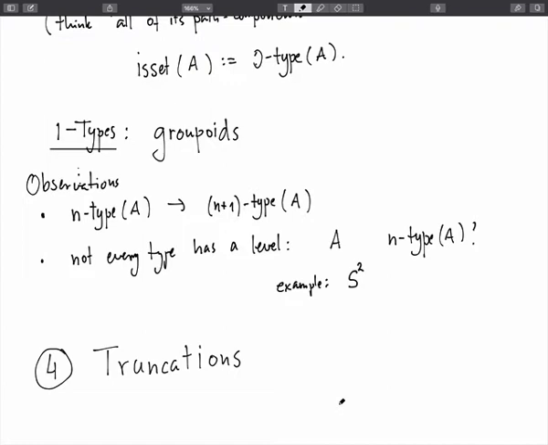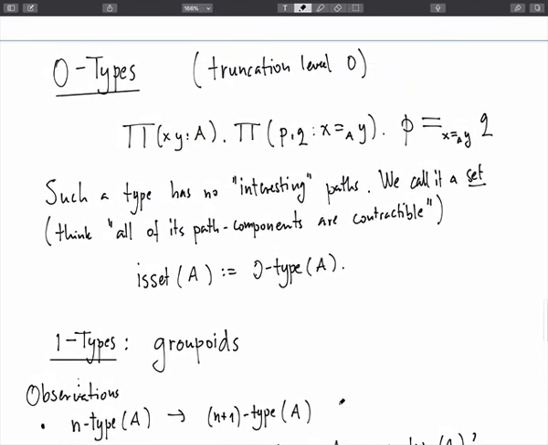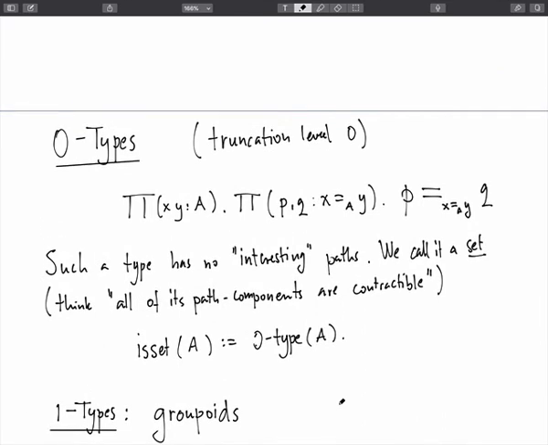There are also important possible additional axioms that one could take. For instance, a very common axiom to take is that all types are zero types, in which case you're essentially limiting yourself to just sets. You're saying, I'm just going to observe sets, but we're not going to do that. It goes under different names, such as the uniqueness of identity proofs principle, because you can read the statement as: all paths are equal, in as much as this makes sense.